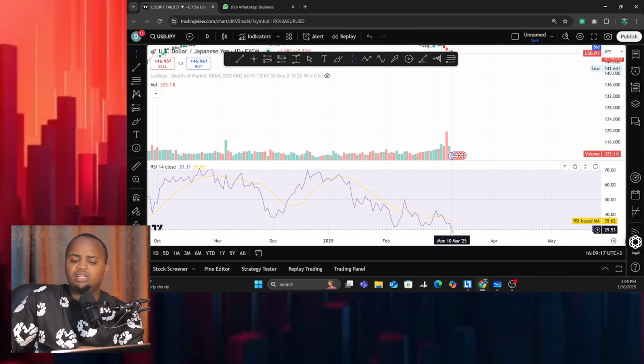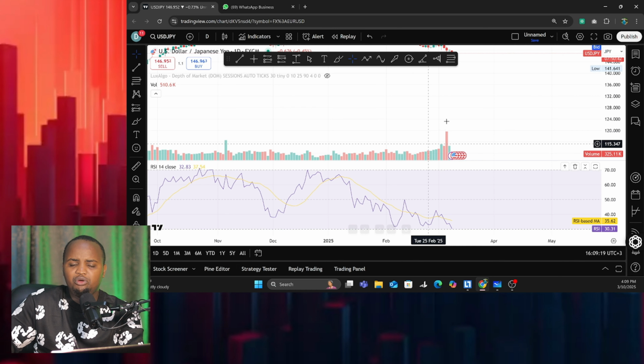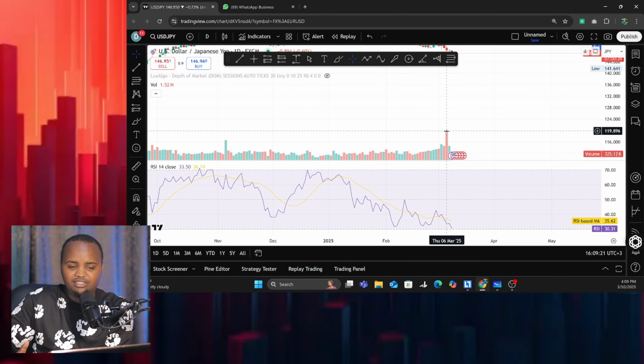And this volume is not showing you the price, it's just showing you at what time. So there's a difference between the price and an indicator that shows you the time. What are you going to be interested in?